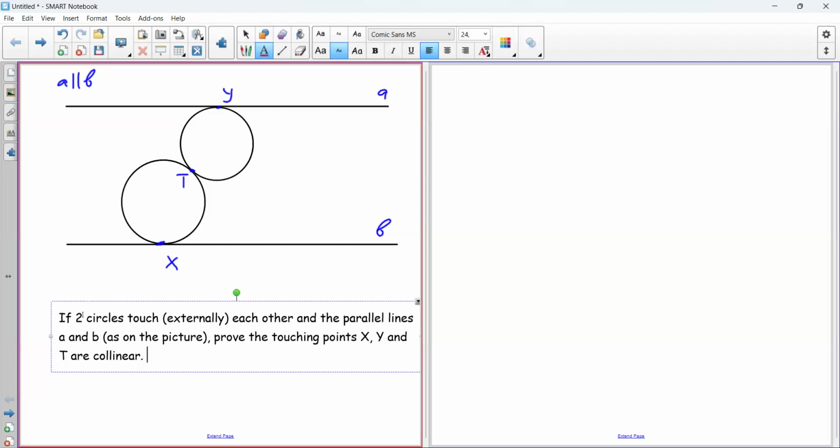Are there those who are familiar with this problem? Who knows this problem? No one? Okay. Then let's start from several minutes of thinking about this problem.